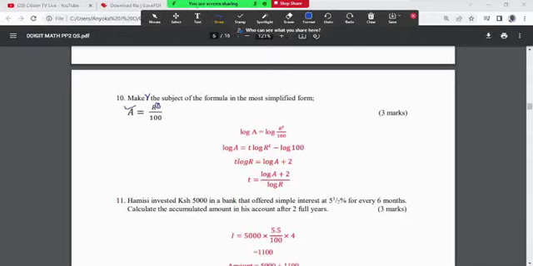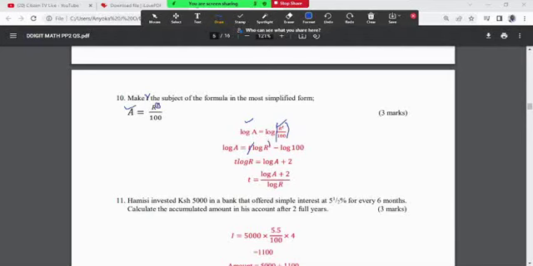Log A is equal to the logarithm of R power T over 100. If we open the brackets, we want to use the second law of logarithms, which will give us log R power T minus log of 100, because we are dividing the two values.